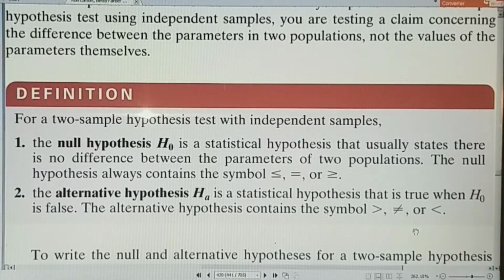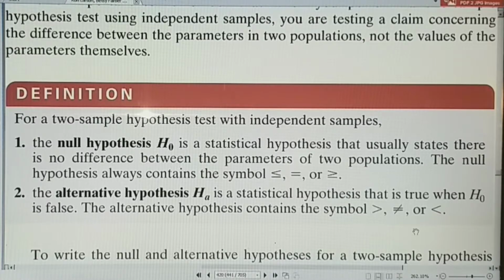For a two-sample hypothesis test with independent samples, here are the null and alternative hypotheses. The null hypothesis H0 is a statistical hypothesis that usually states there is no difference between the parameters of two populations.